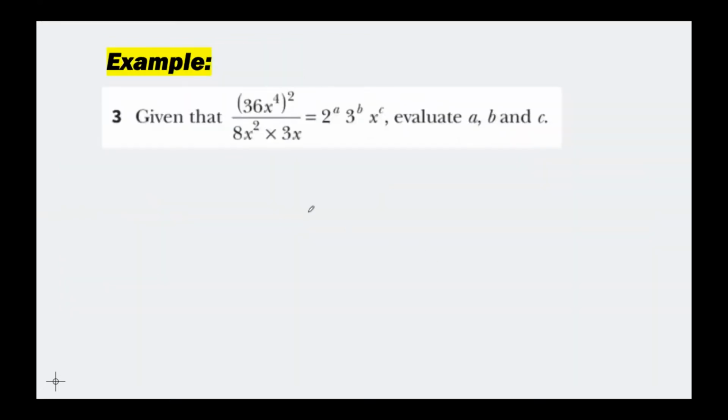So let's say, for example, you're given this equation and we need to find A, B, and C. So obviously, what we need to do is simplify the given expression.